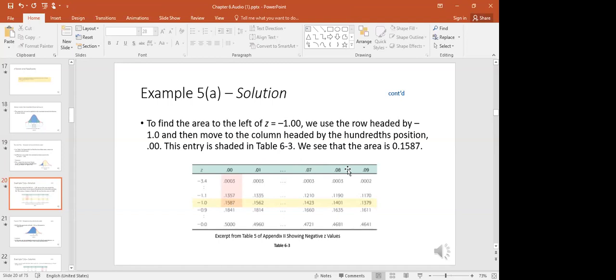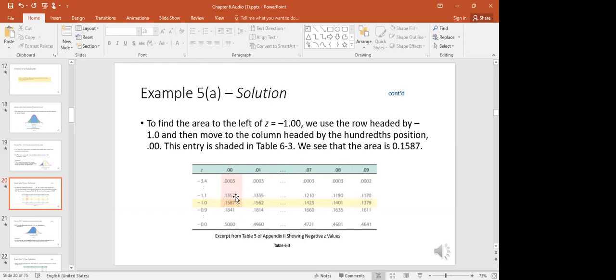So when you are asked to find the area to the left, you just read the Z value and complete it with the second decimal. For example, for -1, we have -1.0 here, and then there is no second decimal, so we are here.